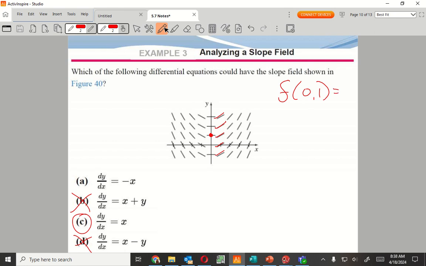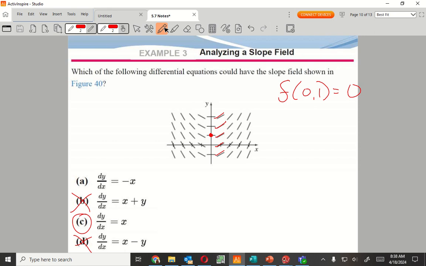What's the slope right there? 0. That's important. So if I plug that in, 0, 1, does this one right here equal 1? That one's not going to work out, is it?